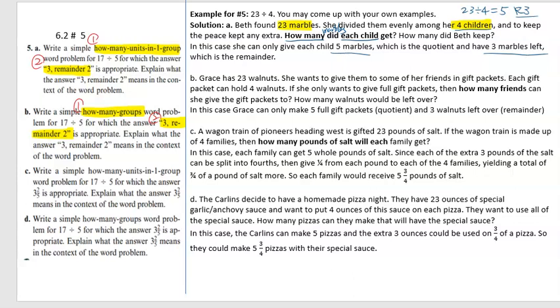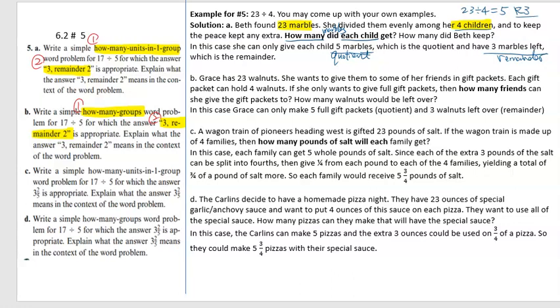One of the requirements, how many units in one. So how many marbles in one child. And the answer is also a remainder 5. Sorry, the quotient 5 with the remainder 3. So this question meets both requirements.